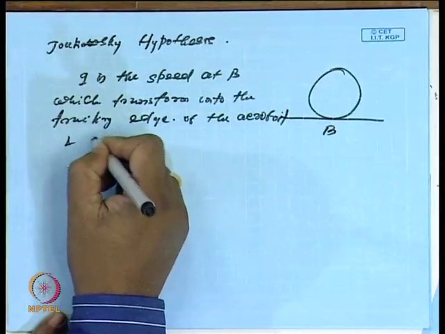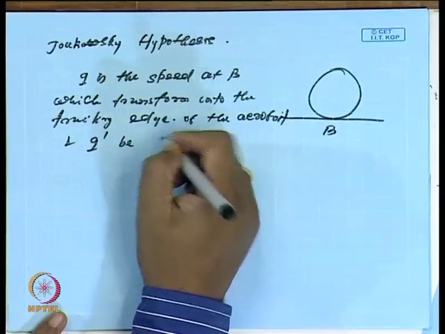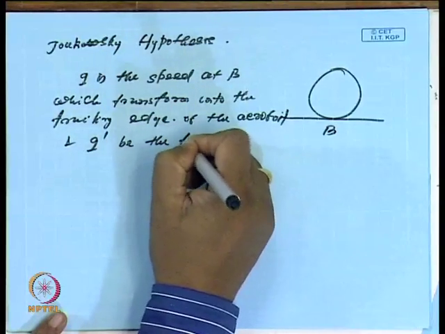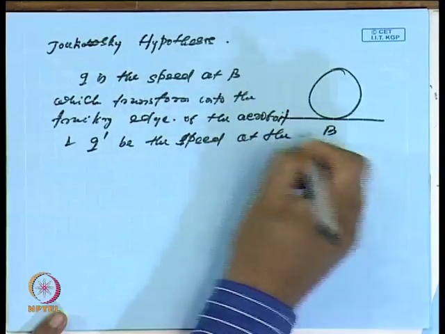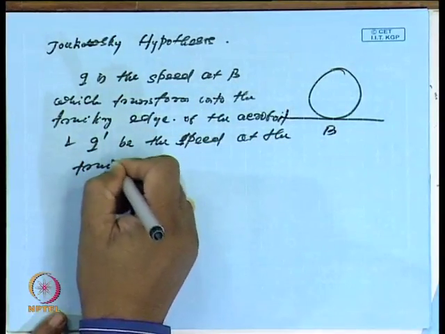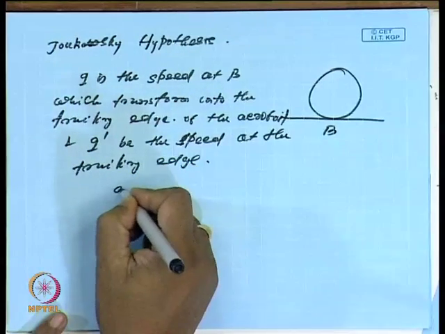And let q prime be the corresponding speed at the trailing edge. Then what will happen to q prime?